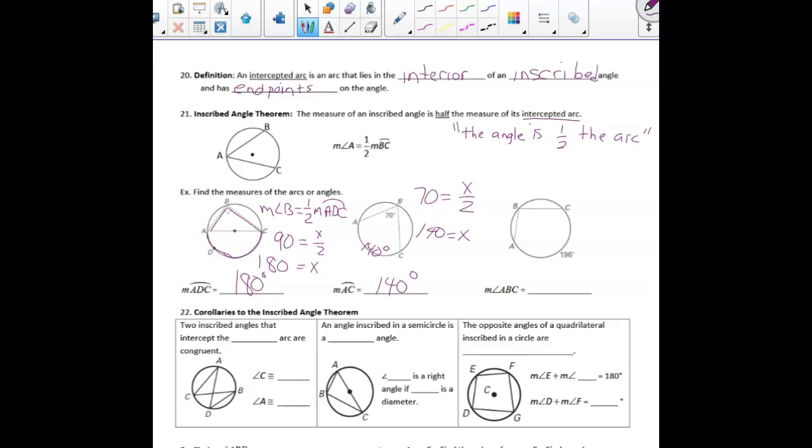Okay, here we're given the arc. The arc is 196 degrees. So x equals 196 degrees divided by 2. So the inscribed angle is 98 degrees.